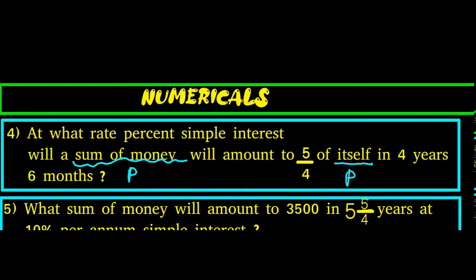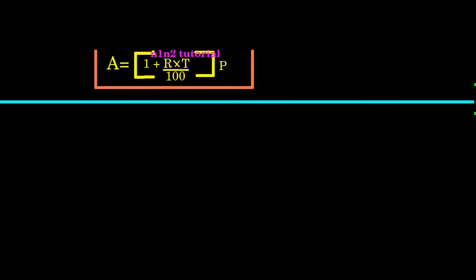Itself means this sum of money, P, in 4 years and 6 months. So friends, let's proceed with the numericals. Let's write the sum number here, sum number 4.